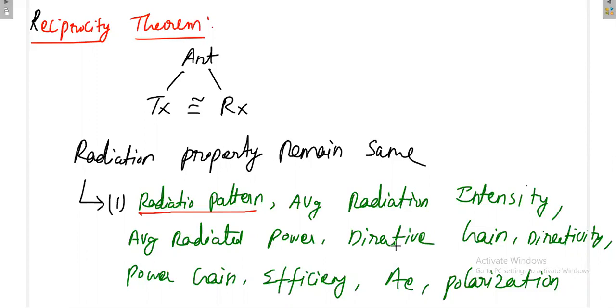This is the gain of the antenna. The maximum directive gain is called directivity. Power gain can also be calculated. There is some minor difference between the directive gain and power gain. If you calculate the gain with respect to the transmitted power, that is directive gain. If you calculate the gain with respect to the input power, that is the power gain.